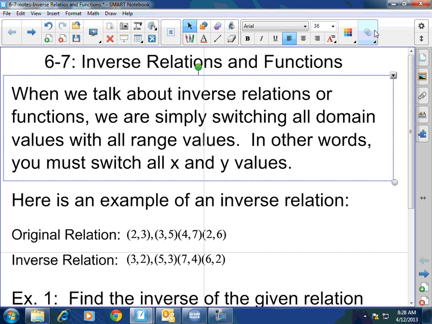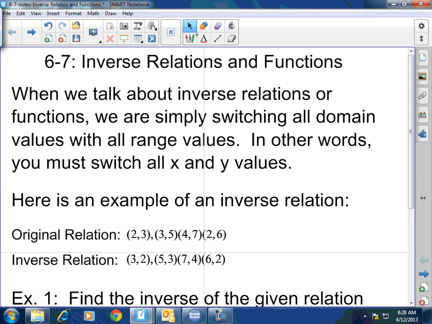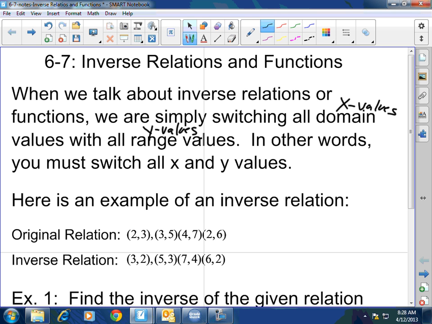Now remember that when we're talking about domain, we're talking about the x values. When we're talking about range, we're talking about the y values. So you are literally just simply going to switch the x and the y values. And that's it. That's how you find the inverse.